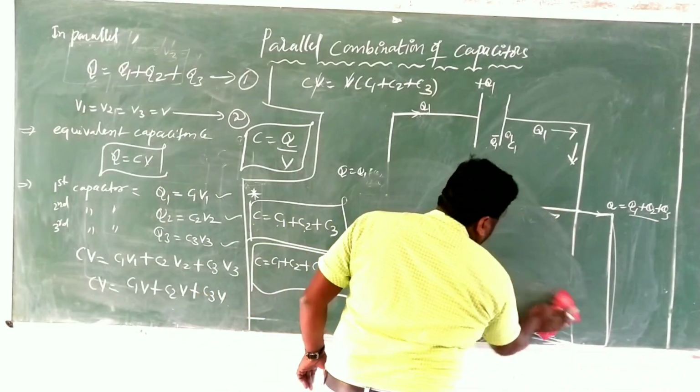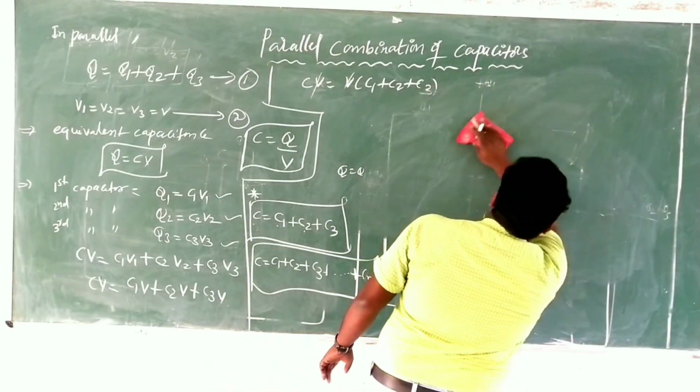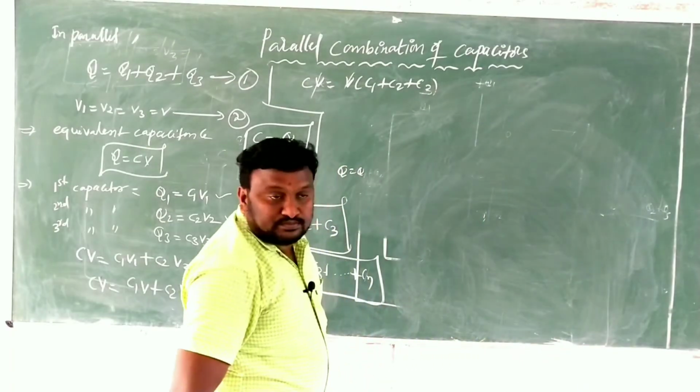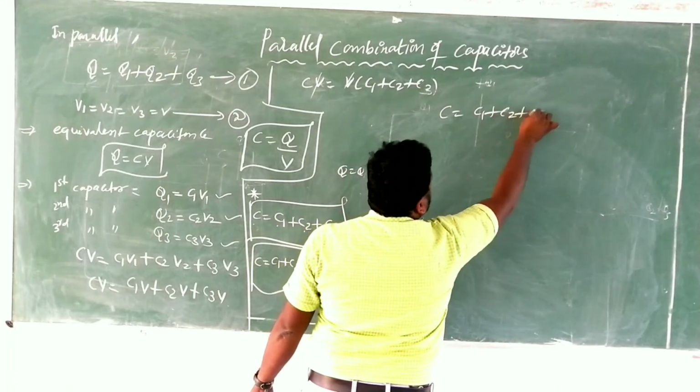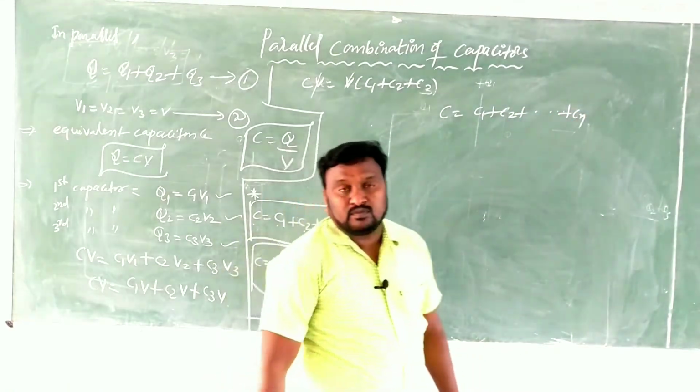So here, in parallel combination, you have C is equal to C1 plus C2 plus and so on, Cn. Clear?